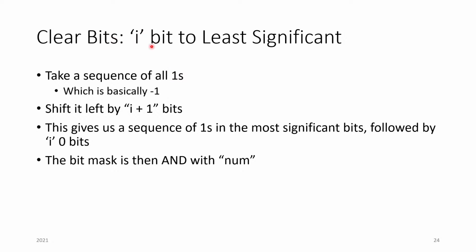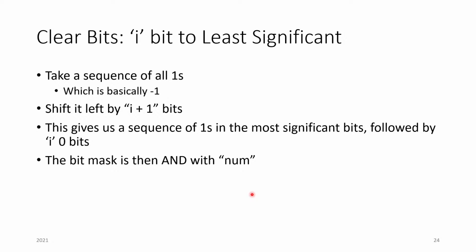So if you're clearing from the ith bit to the least significant, you start with a sequence of all ones, and you shift it left by I plus 1 bits. This basically gives you the sequence of ones followed by the 0 bits as required, and then you AND this accordingly with your numerical input value.